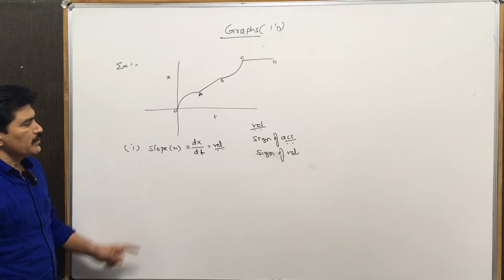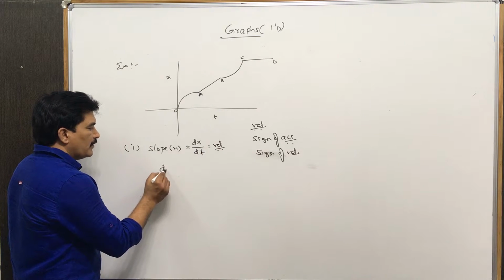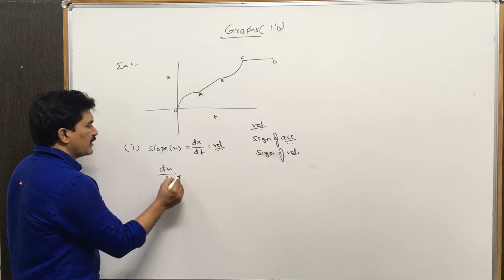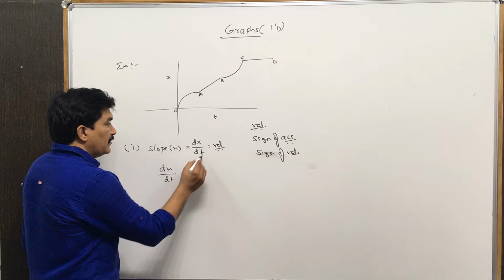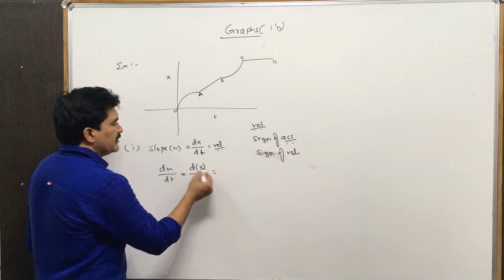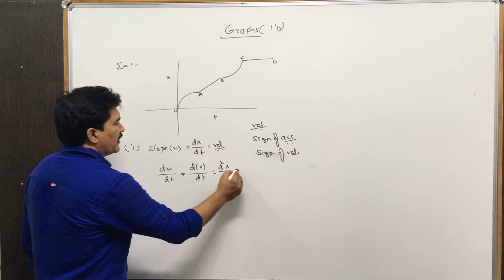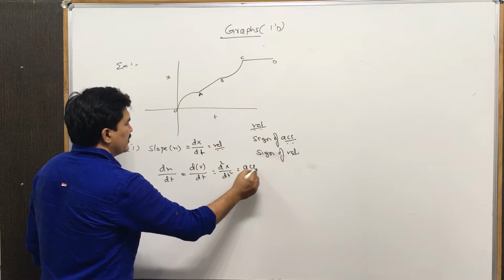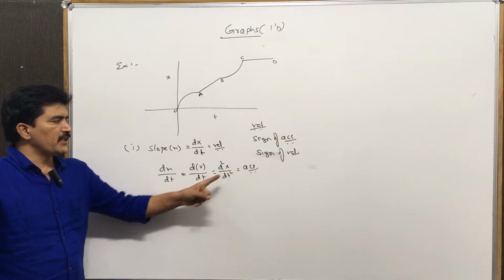So slope is giving velocity. Now, what does the rate of change of slope represent? That is d of velocity with respect to t, which is d square x by dt square, which we call acceleration, because differentiating velocity with respect to time gives acceleration.